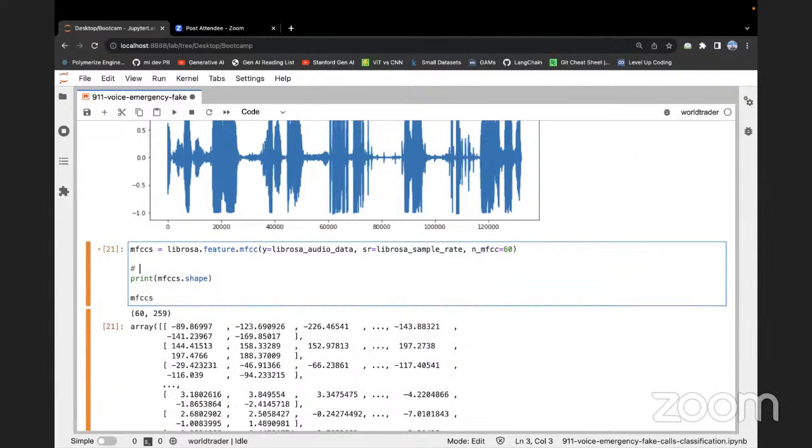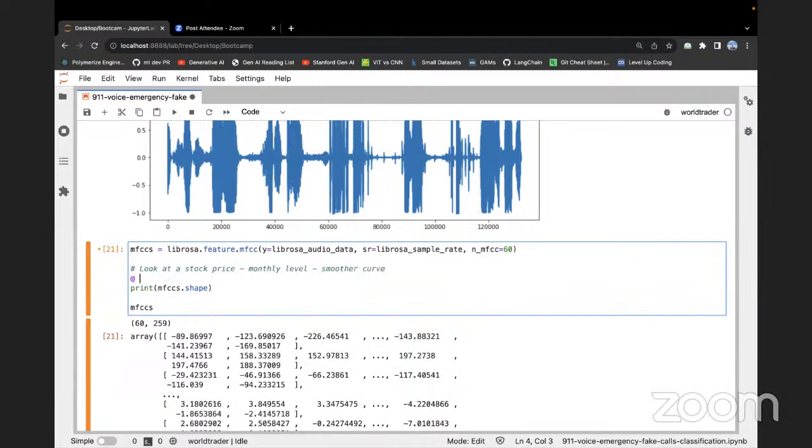It's just like if you look at a stock price at a monthly level, you will see a smoother curve, right? But if you look at that same stock at an hourly level, you will see a lot of changes, ups and downs.